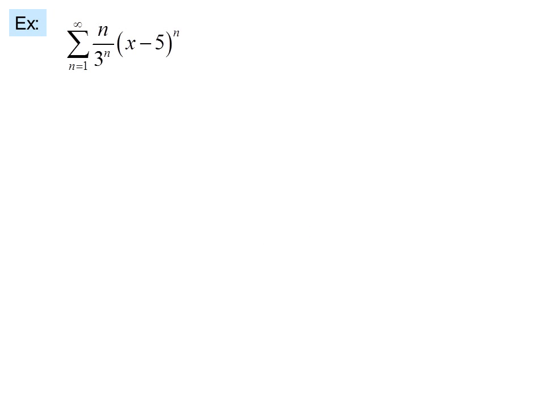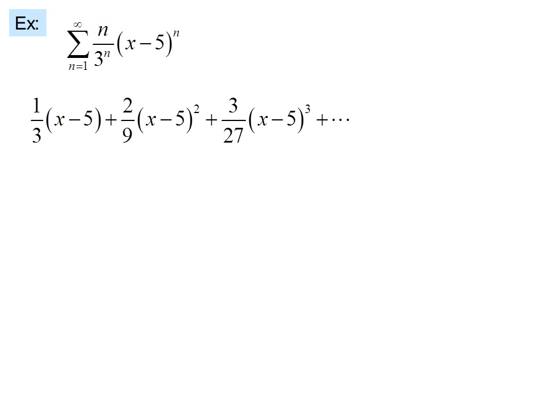Another example, the summation from n equals 1 to infinity of n over 3 to the n times x minus 5 to the n, which is 1/3 times x minus 5 plus 2/9 times x minus 5 squared plus 3/27 times x minus 5 cubed.